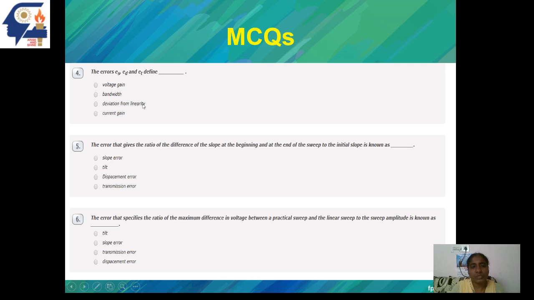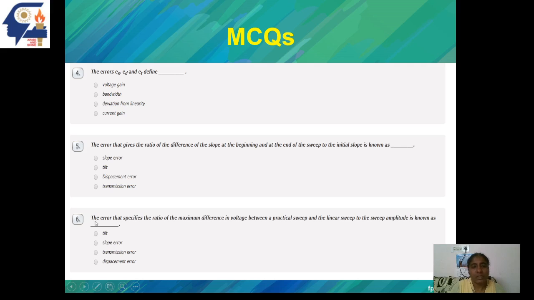These are the measures for analyzing the slope or linearity of the waveform generated. Next question, the error that gives the ratio of the difference of slope at the beginning and at the end of the sweep to the initial slope is known as slope error or sweep error. When the switch is kept open, initial slope minus final slope divided by initial slope is the slope error.